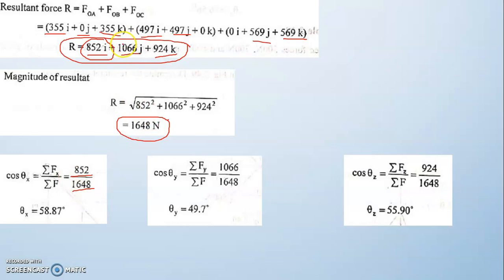For the y-axis, 1066 divided by 1648, we get 49.7 degree. With respect to the z-axis, 924 divided by 1648, you will get 55 degree. So you have found the resultant, the magnitude of the resultant, and the direction of the resultant.